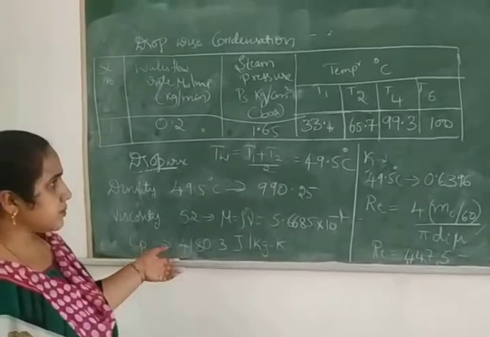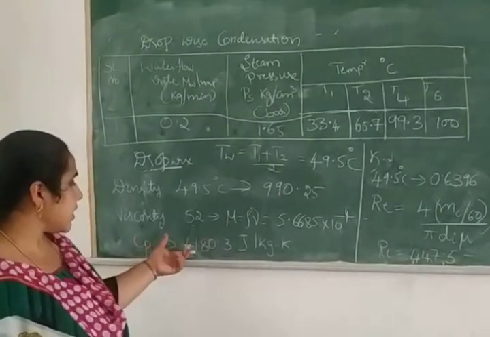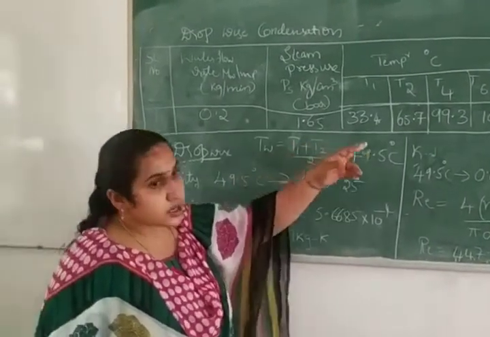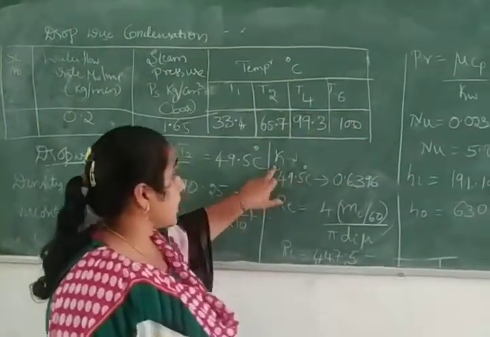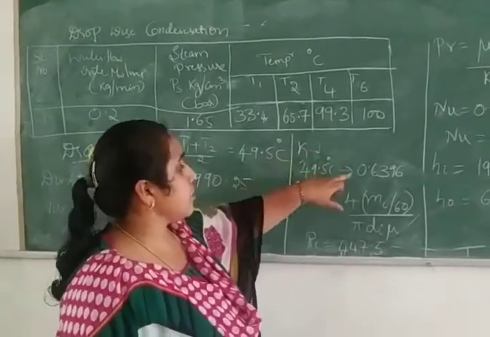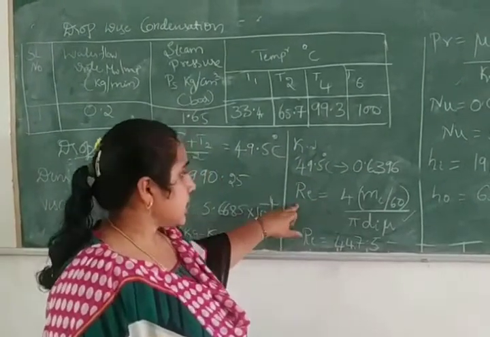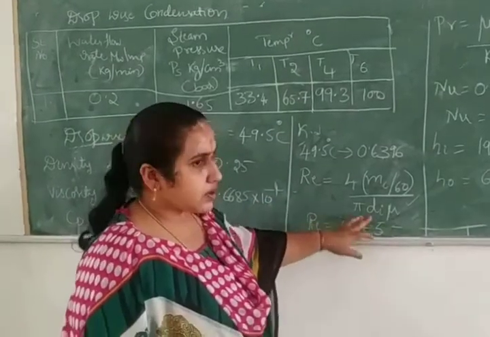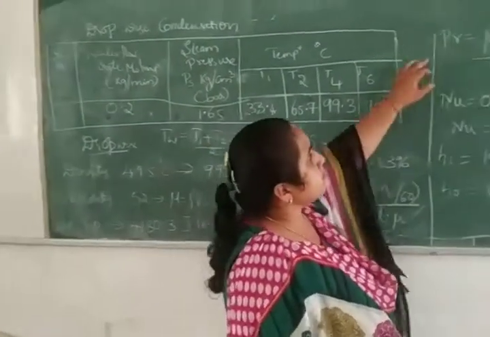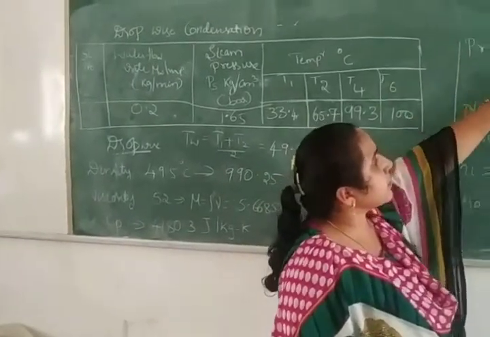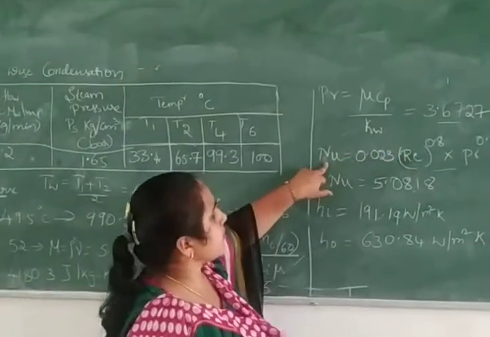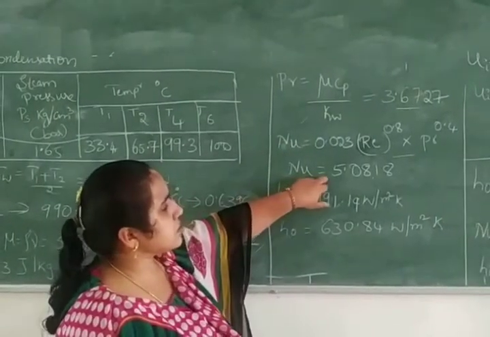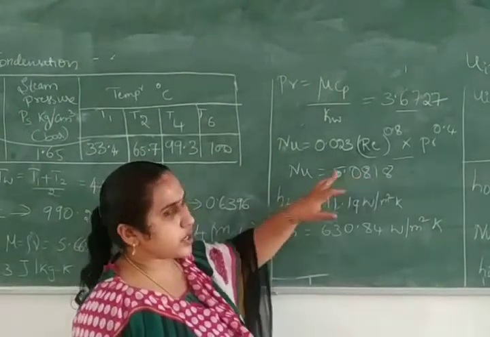Then Cp, specific heat, is equal to 4180.3. Thermal conductivity of water is equal to 0.6396. Then Reynolds number is equal to 447.5. Next, Pr is equal to 3.6727. Using this expression, we find the Nusselt number as 5.0818.